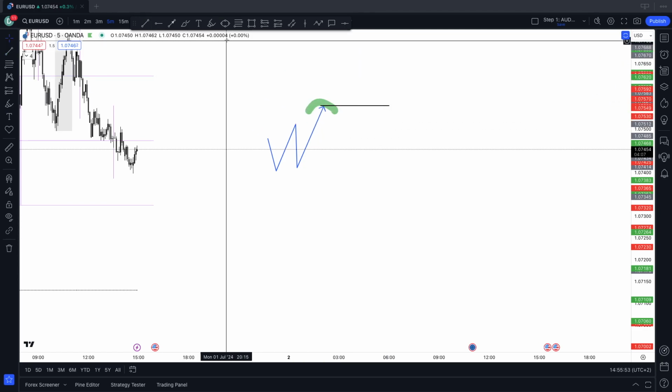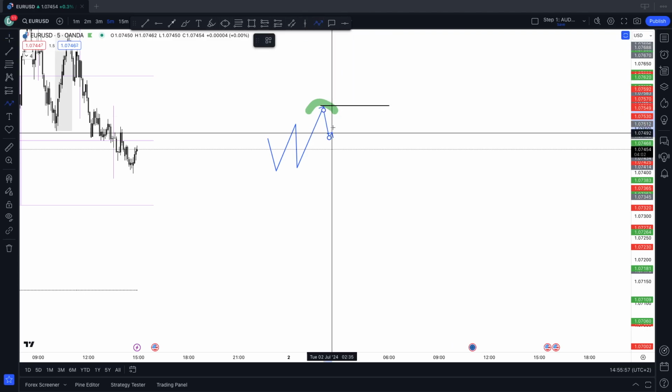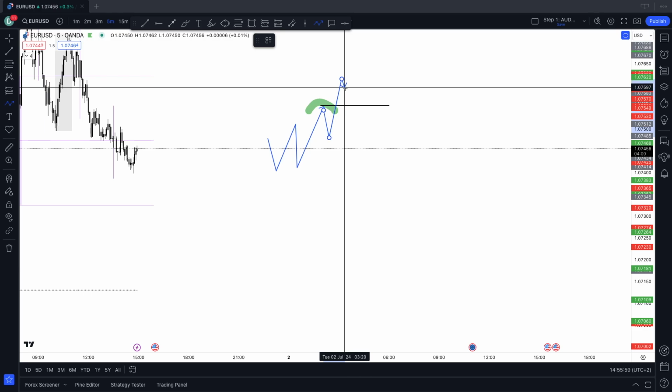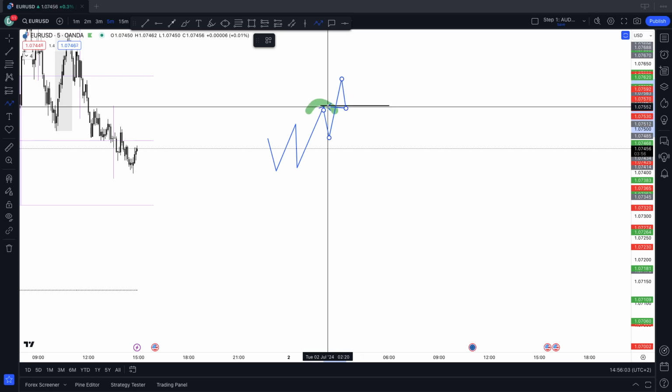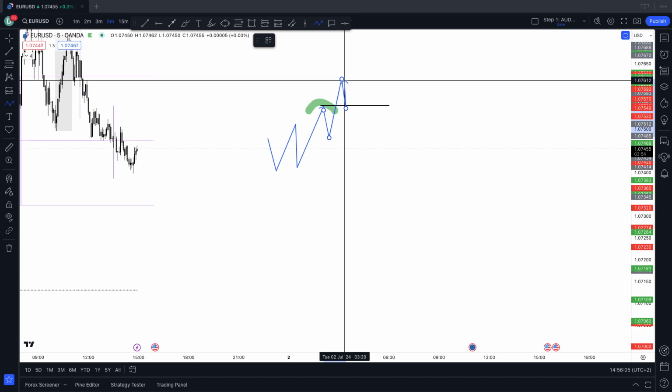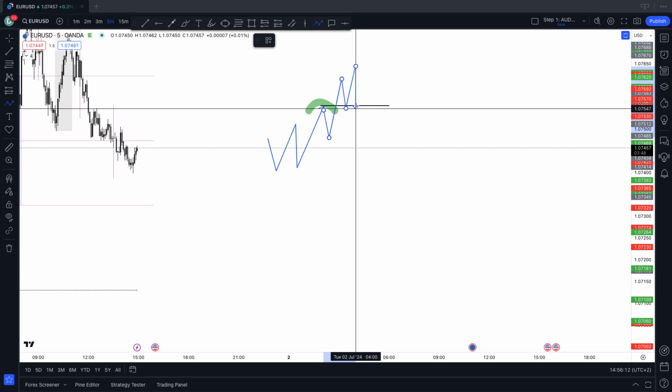What I like to see is I like to see price come down, take that weekly high, retest that weekly high to bring in break and retest traders, then come break this high one more time, because that brings in breakout and confirms the trade for break and retest traders.